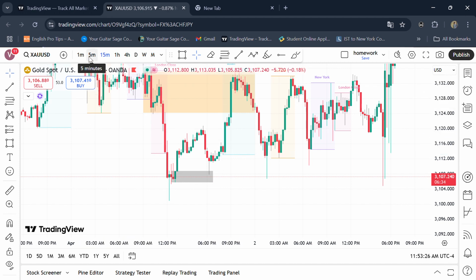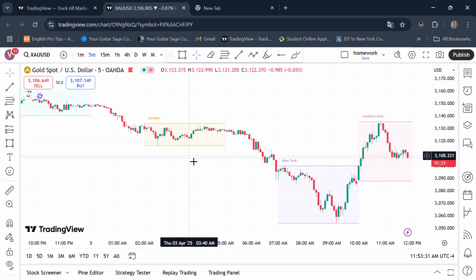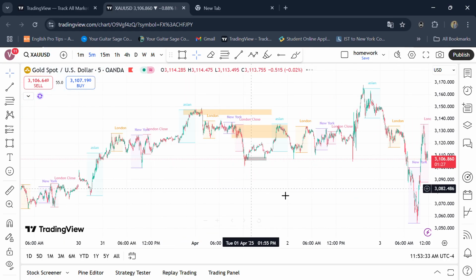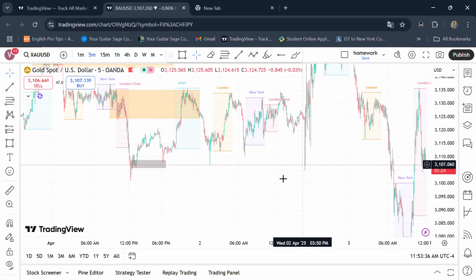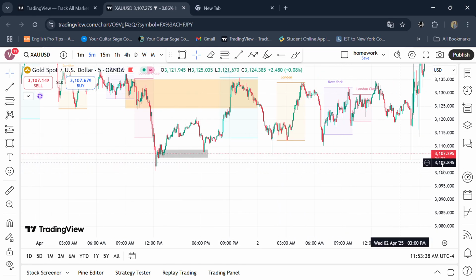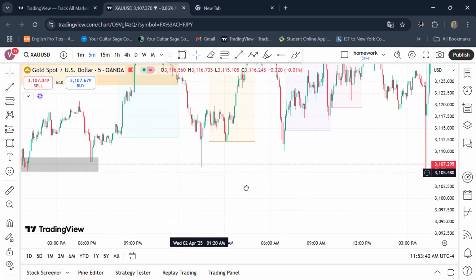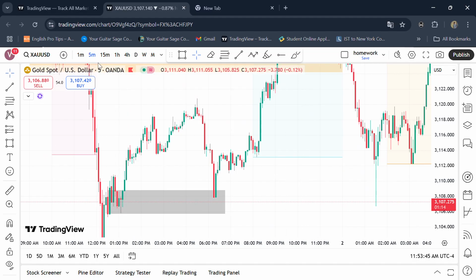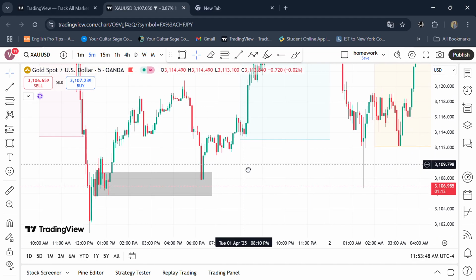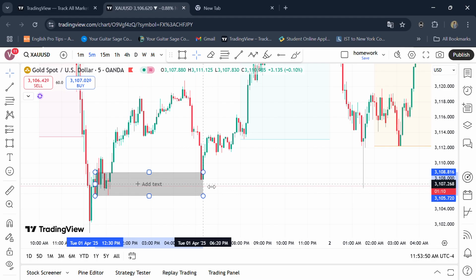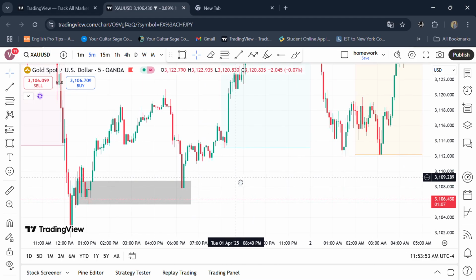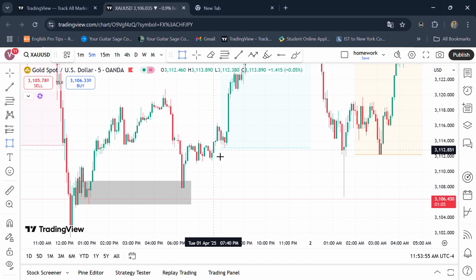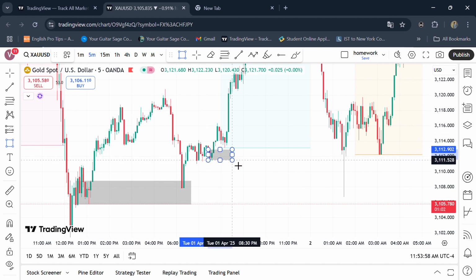So let's see what happened on an even lower time frame, since we are scalping and we are trying to capture the moves of a single session and not something over days. Okay, so if you zoom in on the 5-minute time frame, you will see that this 15-minute order block was respected, and then later one more 5-minute order block got created, and there was this FVG above it.